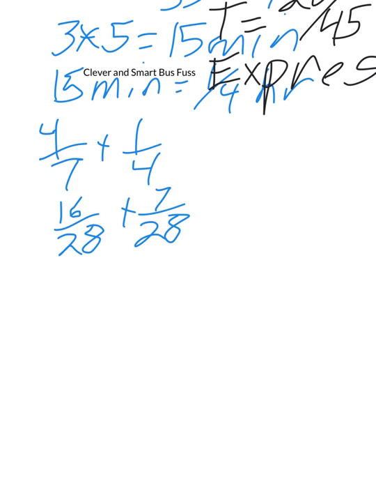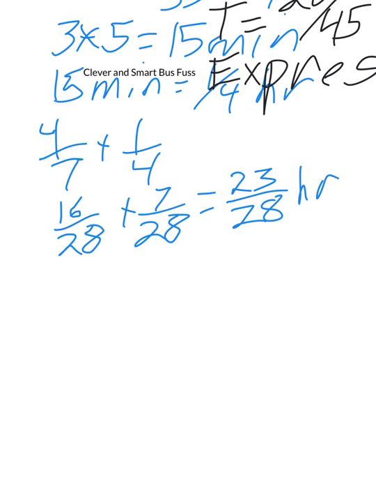Okay, and that is equal to 23/28 hours. So now we have the limited. Now we need to find the difference between the two. Okay, so we have the express and the limited. So let's go ahead and find the difference.